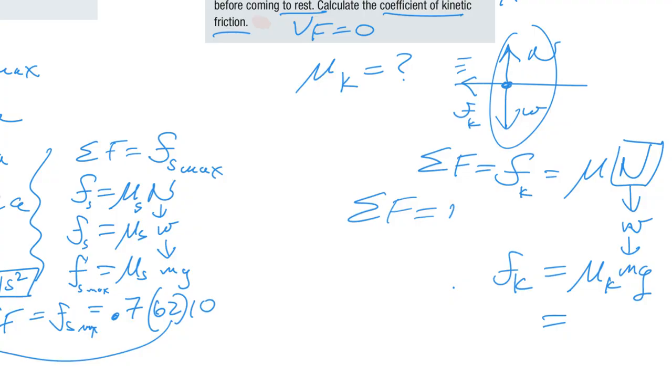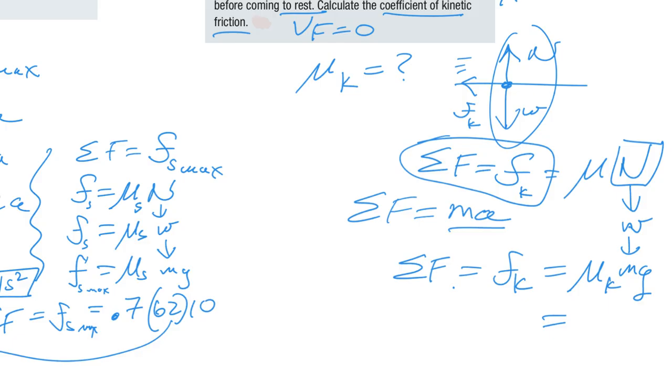Net force also equals MA, right? So we could put that right here. Net force equals Fk. Net force equals mass times the acceleration as well. So mass times the acceleration equals Fk.